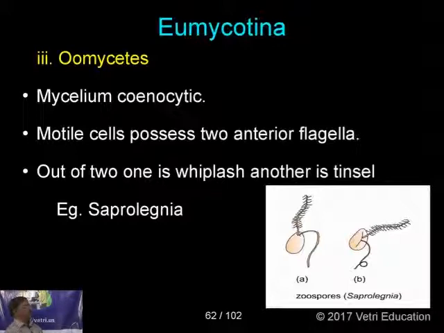Motile cells possess two anterior flagella, but interestingly one is whiplash type and another is tinsel type, which you can find in the diagram. Example, Saprolegnia, where the zoospores have two types of flagella.